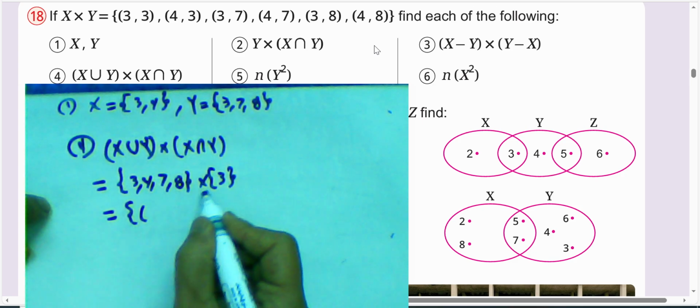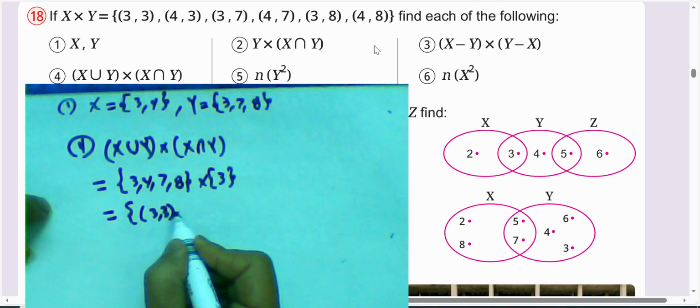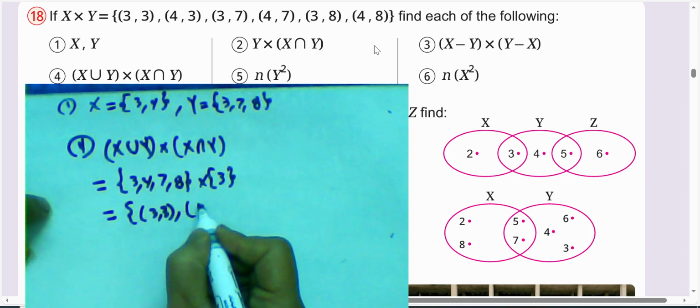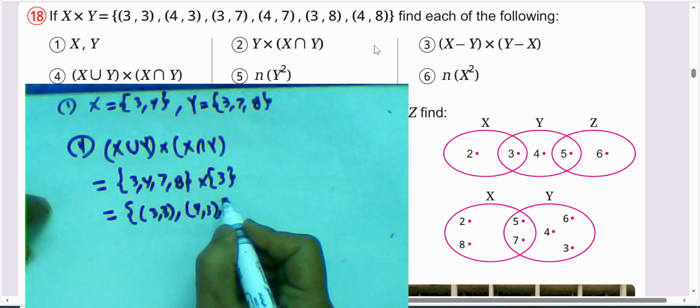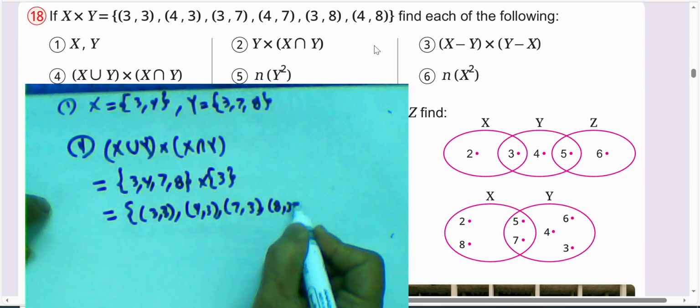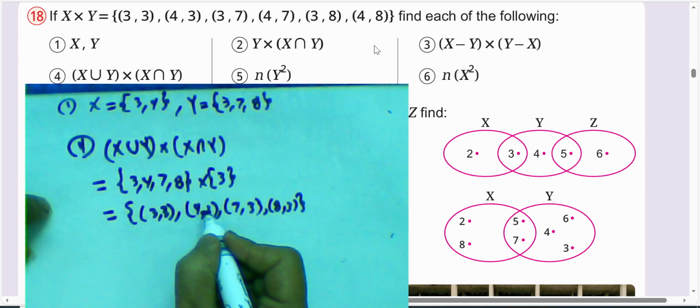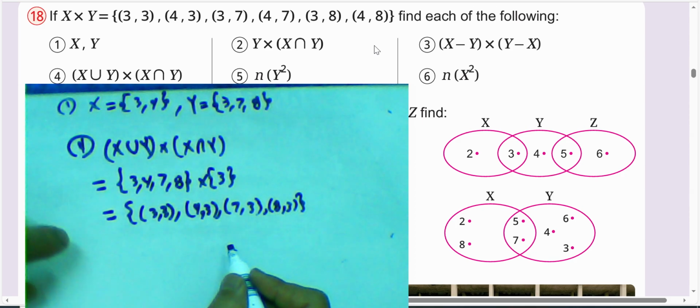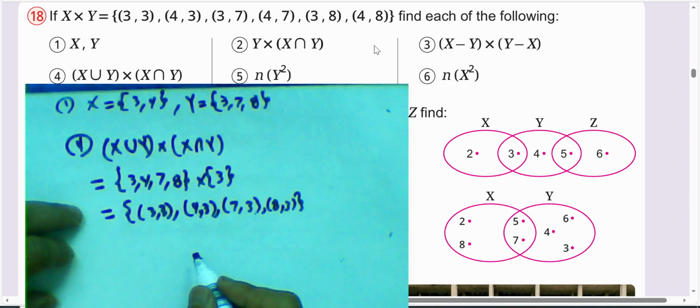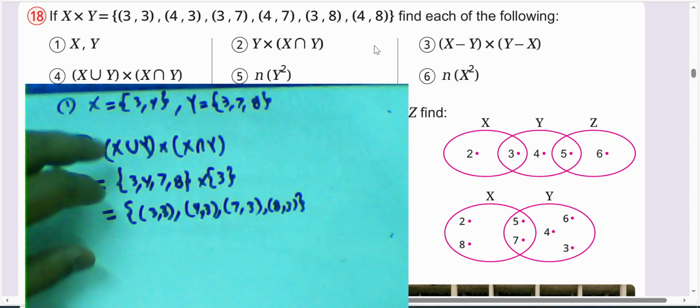In the first, 3 with 3, and 4 with 3, and then 7 with 3, and then 8 with 3. Okay, this is question number 4. Understood the intersection and union.